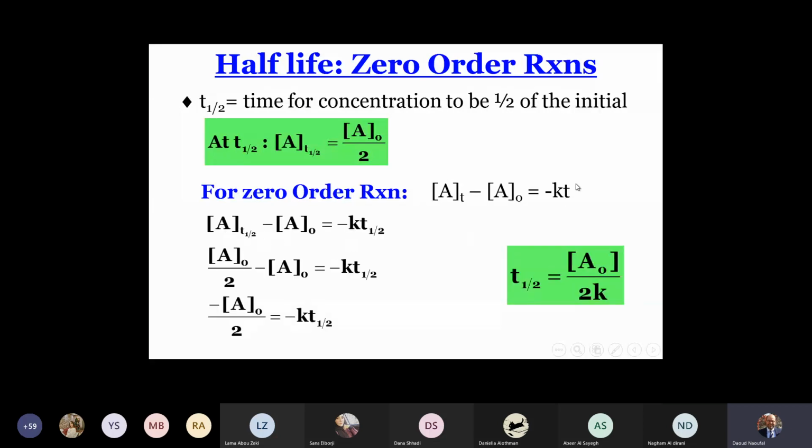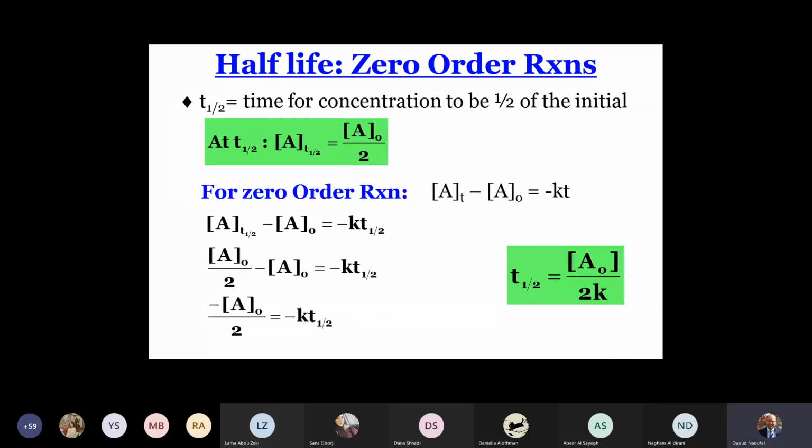So A at t-half minus A0 equals minus K t-half. A at t-half is equal to A0 divided by 2, minus A0 equals minus K t-half. So minus A0 divided by 2 equals minus K t-half. So t-half is equal to A0 divided by 2K.